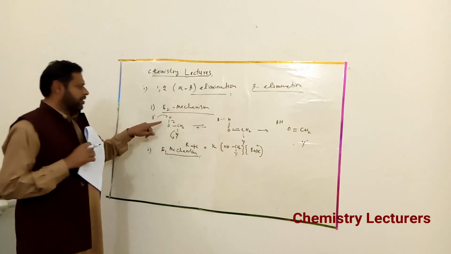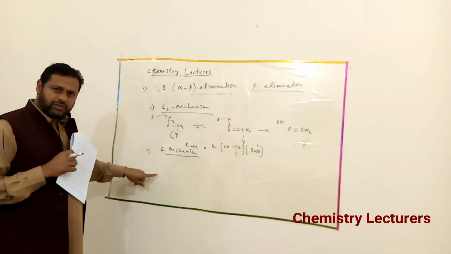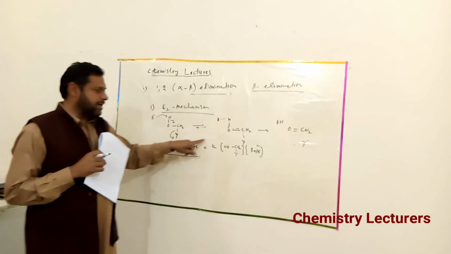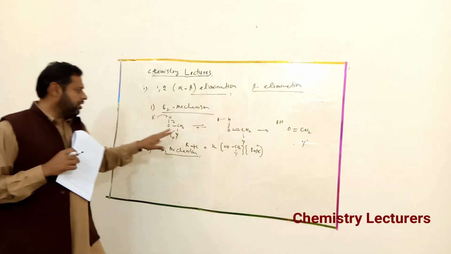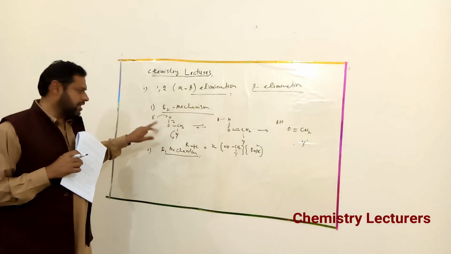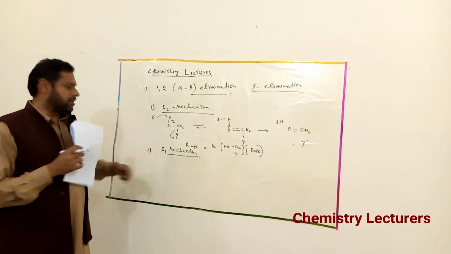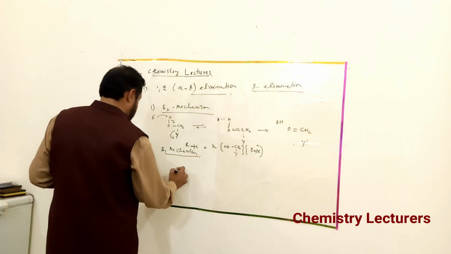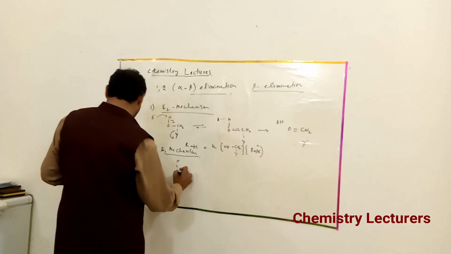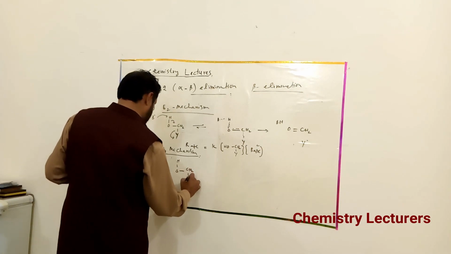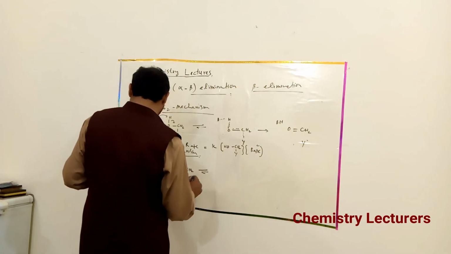If one of the reagents is removed first and then in the second step the other is removed, so both are removed differently in two different steps, then this type of mechanism is called the E1 mechanism. For example, we have the same compound, and what happens?